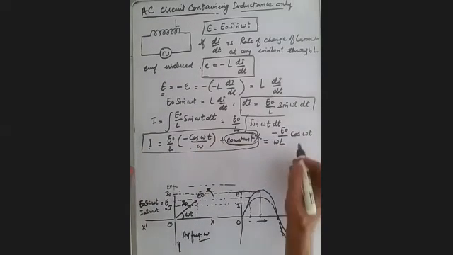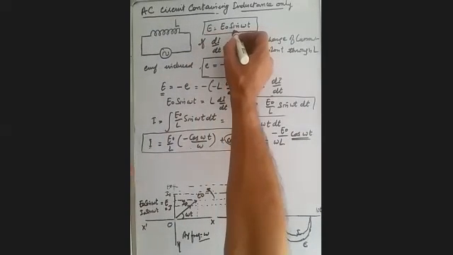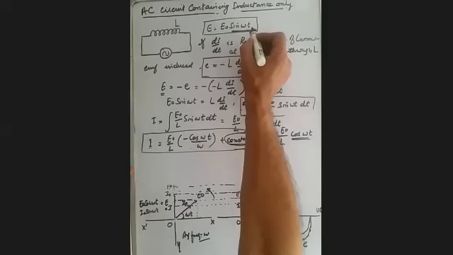Okay. Now let us change this cos to sine, because we have to compare the current with the EMF, which we have a relation for, which is changing sinusoidally as sine omega t.